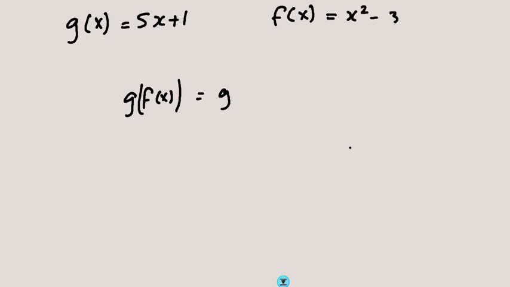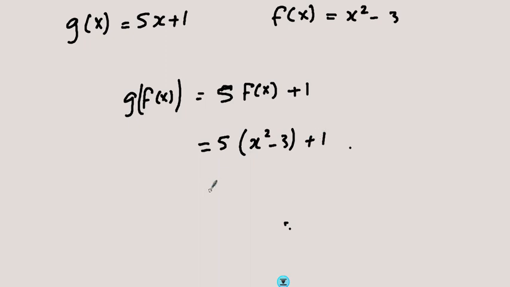So this becomes 5 times, instead of x, f of x, plus 1. But you know what f of x is, so this becomes 5 times x squared minus 3 plus 1. And after expansion and simplification, it's 5x squared minus 14. Now the first step is something that you can do in your head.